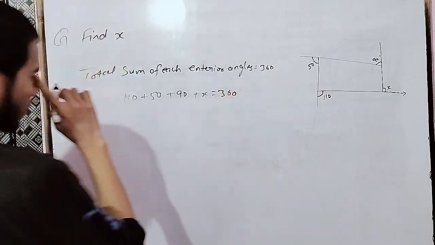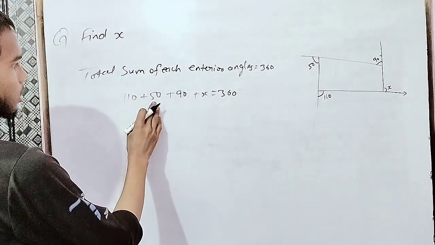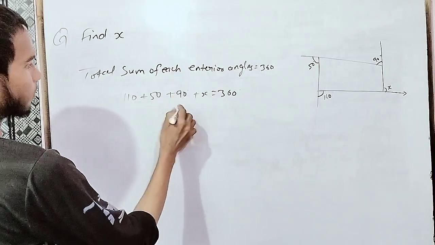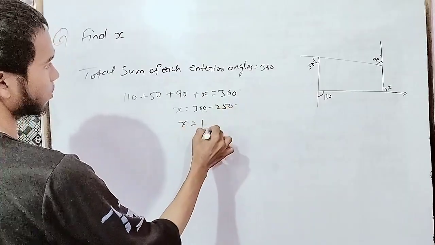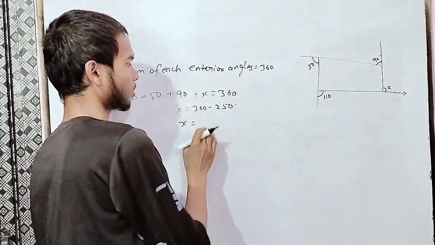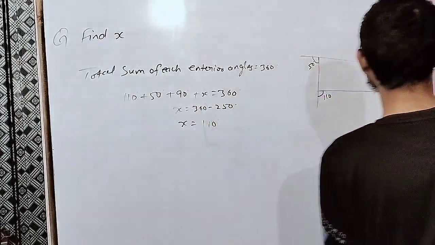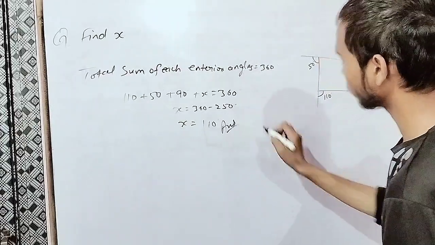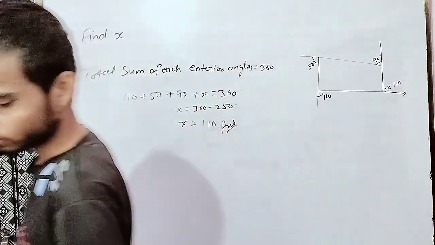We have a linear equation: 160 and 100, 200, 250. We have 110. So X is how much? 110. Okay, you can see.